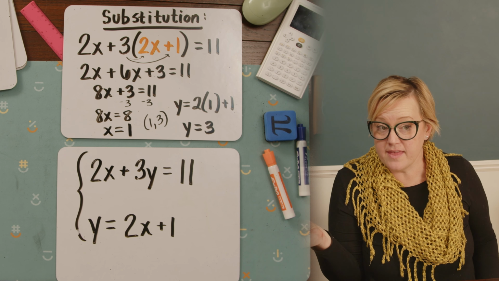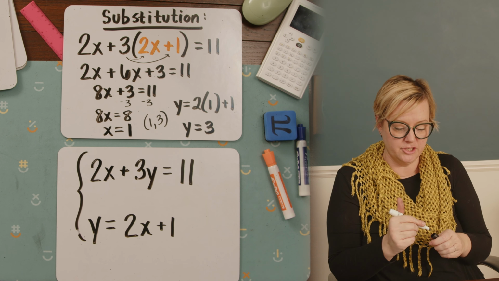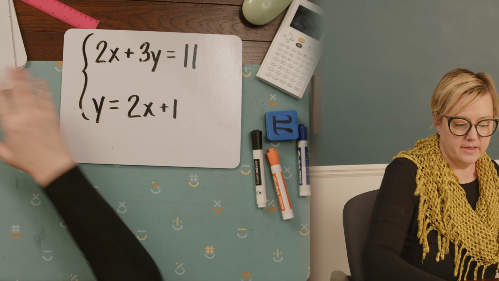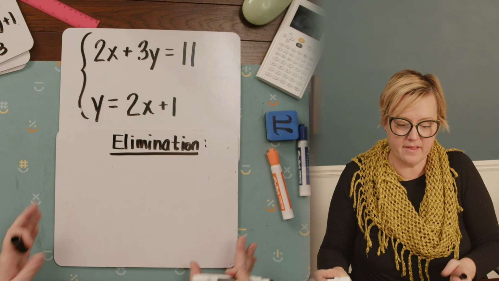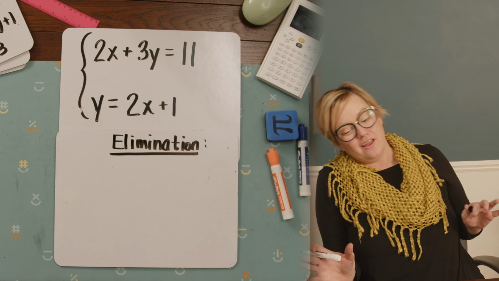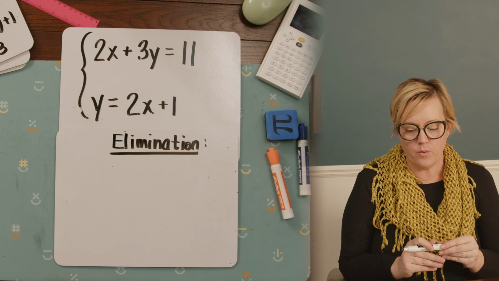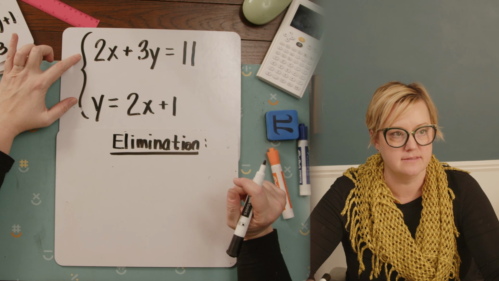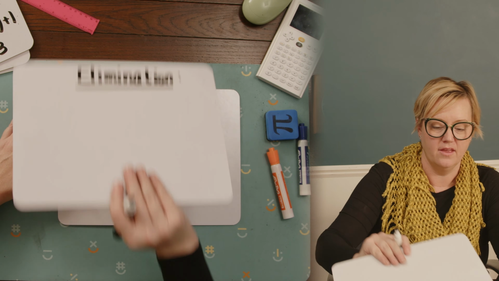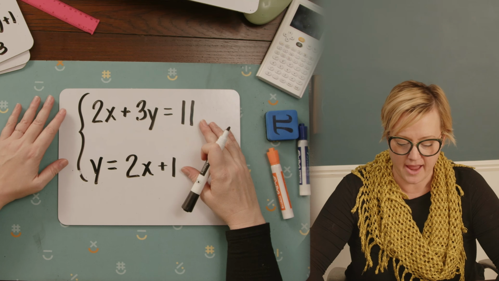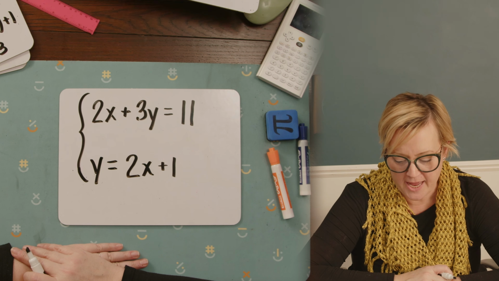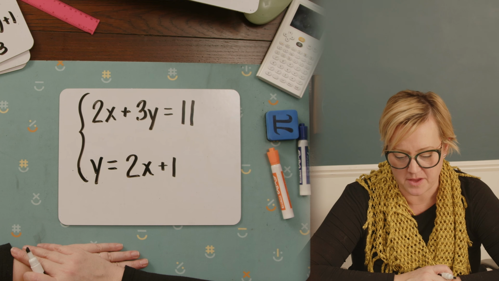Now, another way that I can do this is something called elimination. So solving by elimination. I need to play around with this one a little bit. I'm going to look at these two equations. Elimination does kind of make it a little bit easier, but you have to play around with these equations.